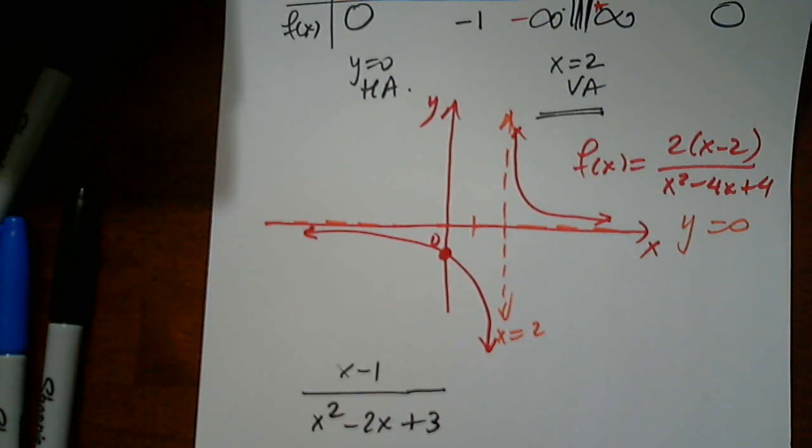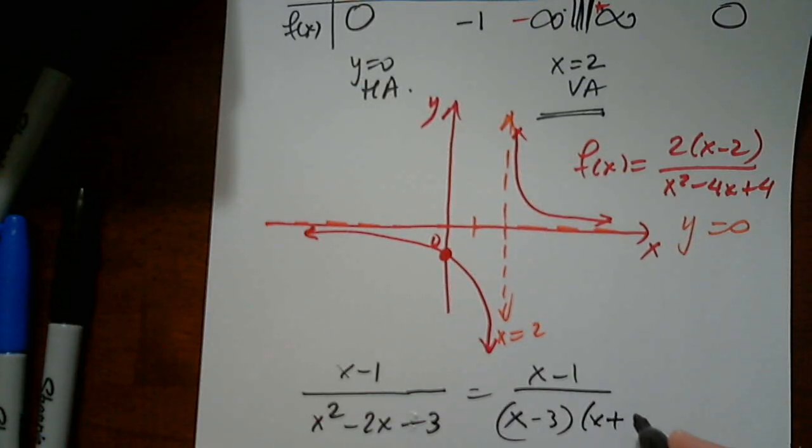I just want to show what happens when a factor disappears completely, the factor that goes away is a hole in the graph and the other one is a vertical asymptote. So I just want my denominator to be factorable into x minus 3 and x plus 1, I can change that.